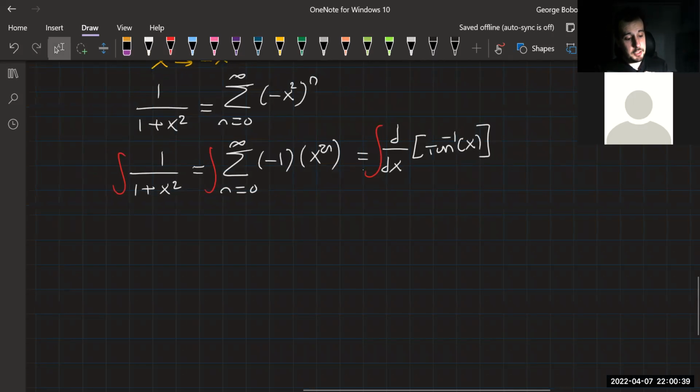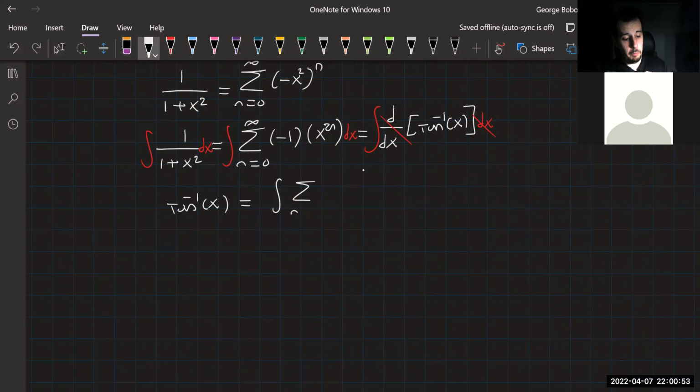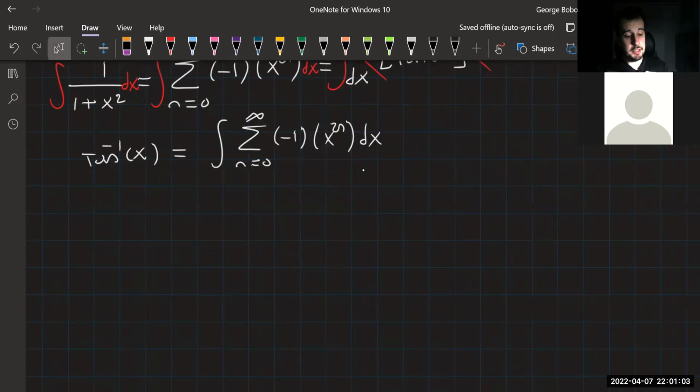Okay, if you integrate with respect to x, you'll get what you want. So basically, you're going to get that the tan inverse of x is the integral of this series that you have determined. And the integral doesn't care about the sum.